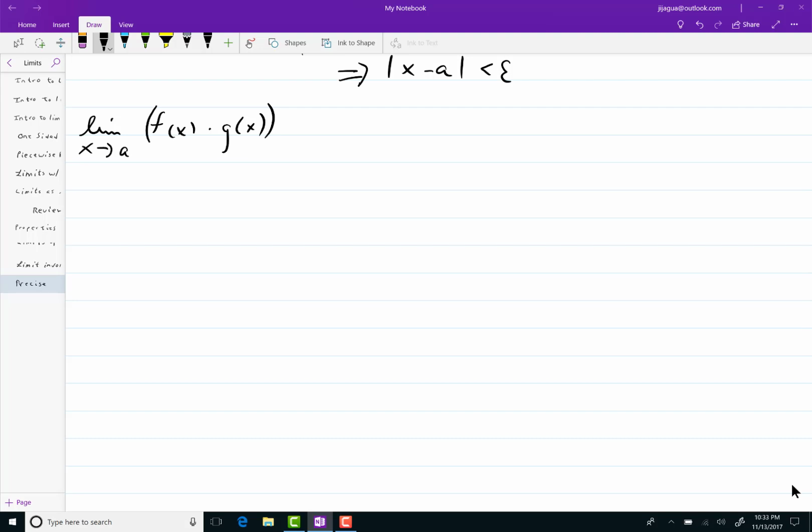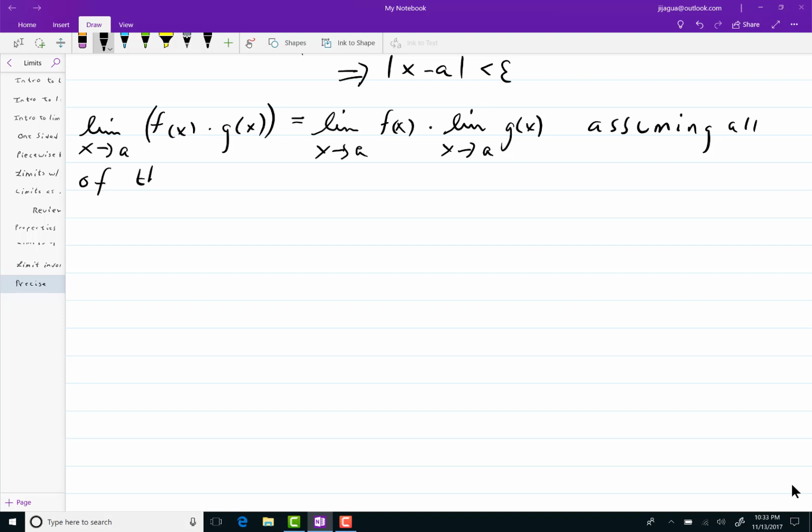If I have that product and I want to take the limit of it, then what this product rule tells me is that I can break this up into the limit as x goes to A of f of x times the limit as x goes to A of g of x, assuming all of these limits are finite.